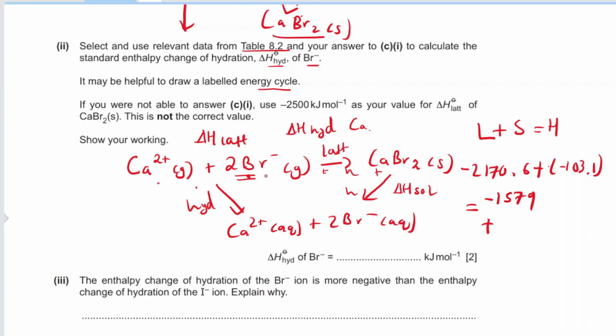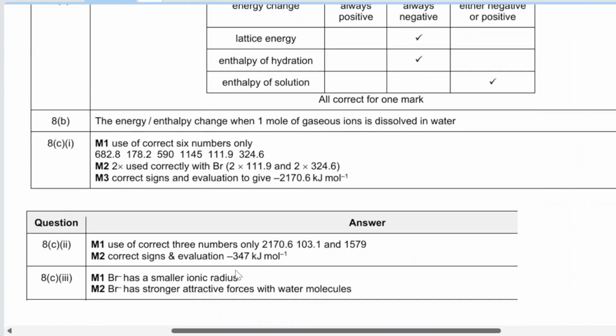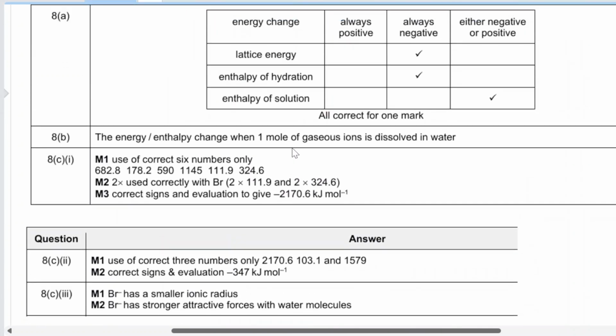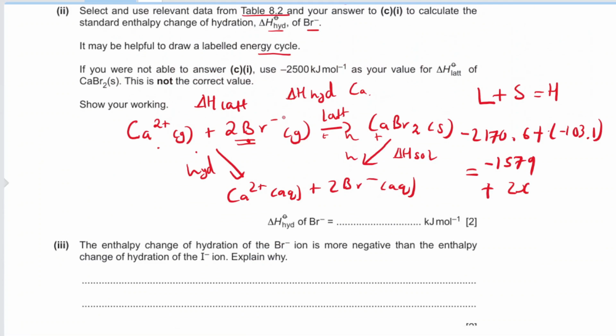We are finding Br minus gas to Br minus aqueous, but there are 2 of them, so this will be plus 2x. Then you just do the math, and you should get your answer as negative 347. So this will be your final answer.